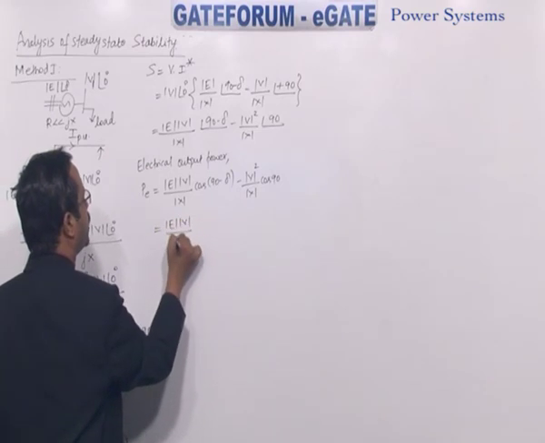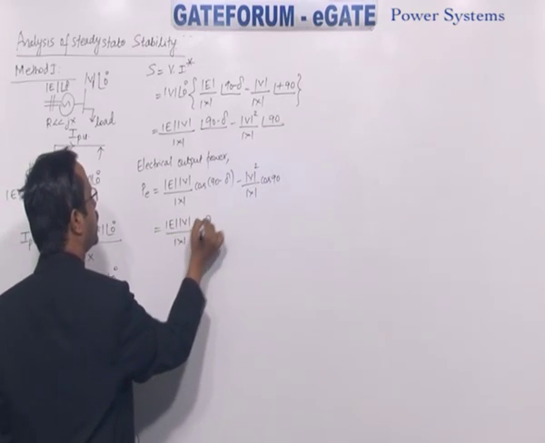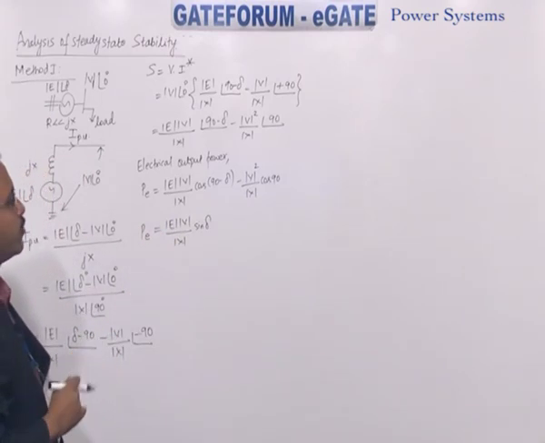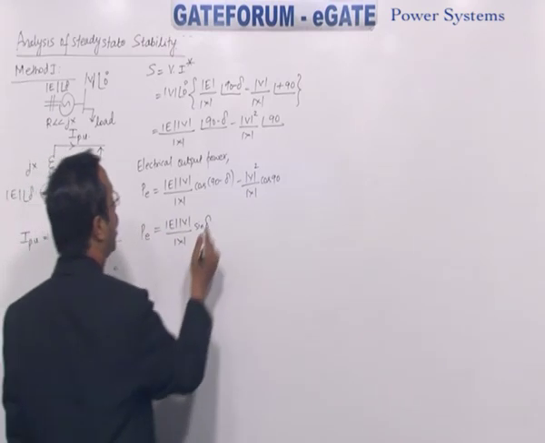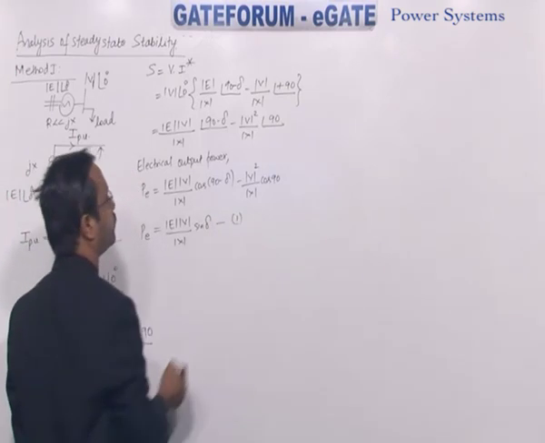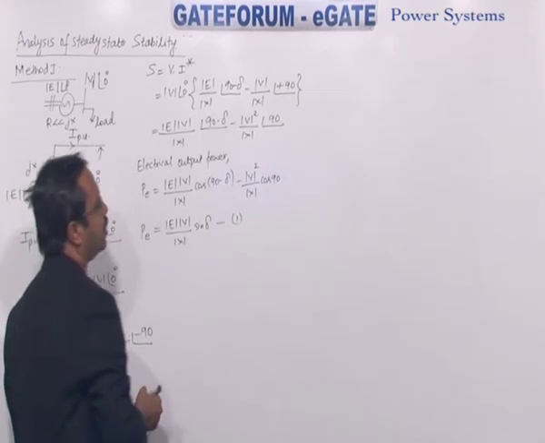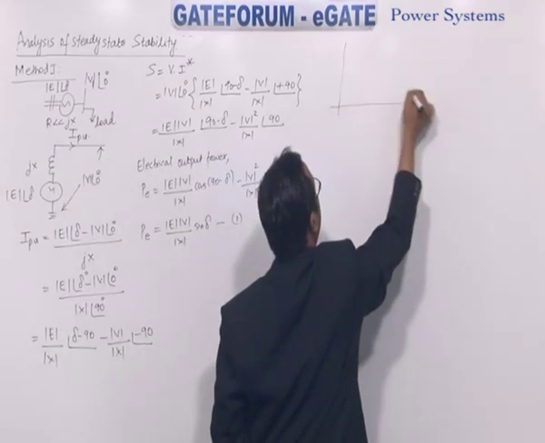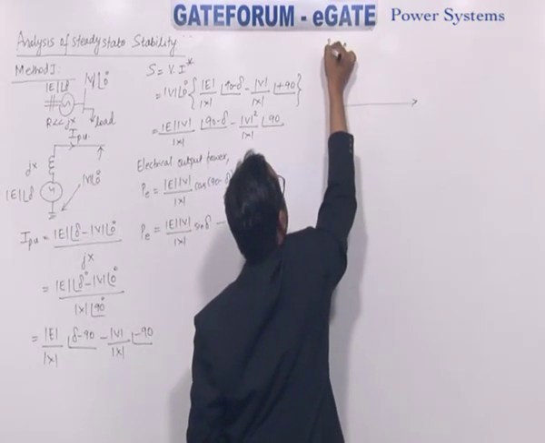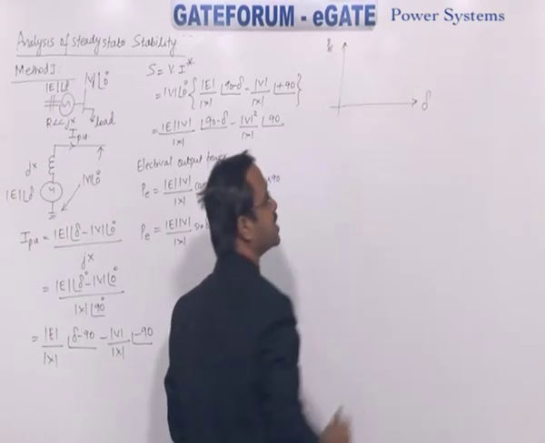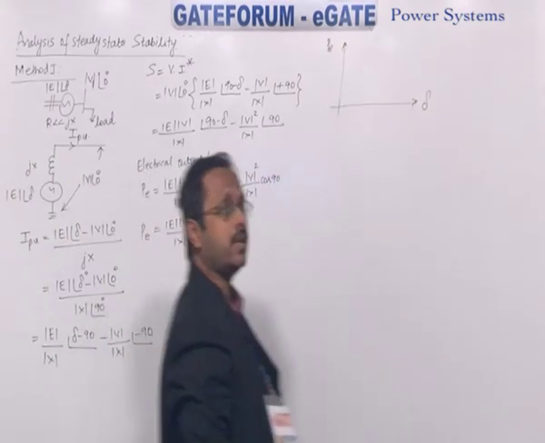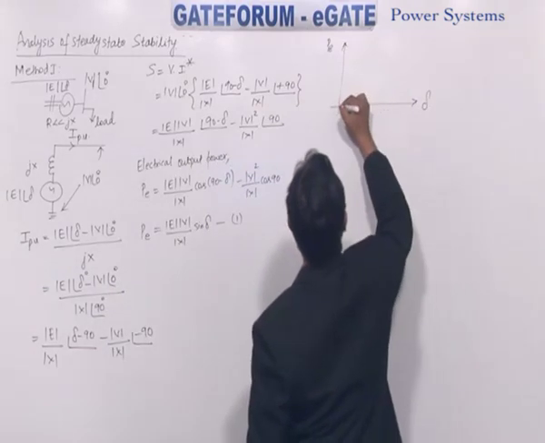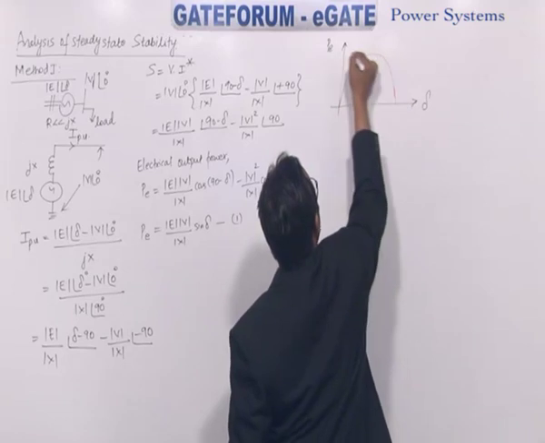So you get EV by X sin delta. This is the formula to find the electrical output power. So when you draw a curve with PE along y-axis and delta along x-axis, what do you get here? It is a function of sine. You get the sine function like this.